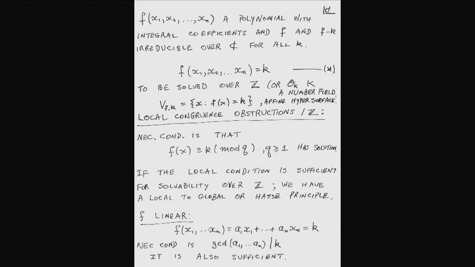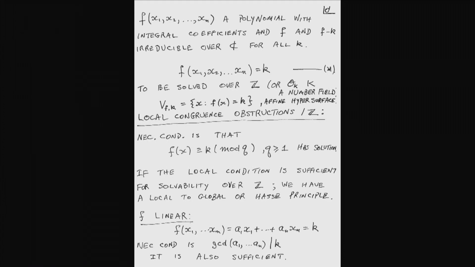So I'll be interested in the problem of solving in integers a Diophantine equation of a simple type, which is a polynomial in several variables with integer coefficients equals a number. So let's fix such a polynomial, integer coefficients.